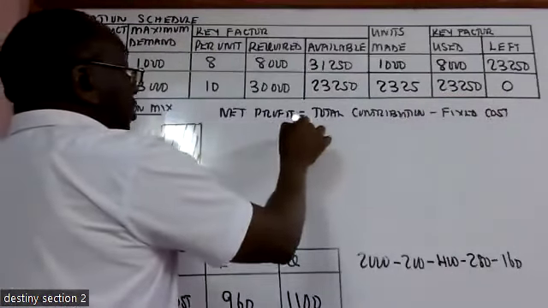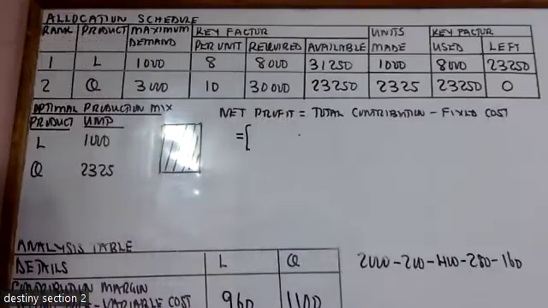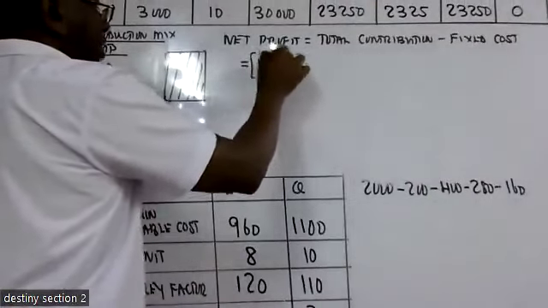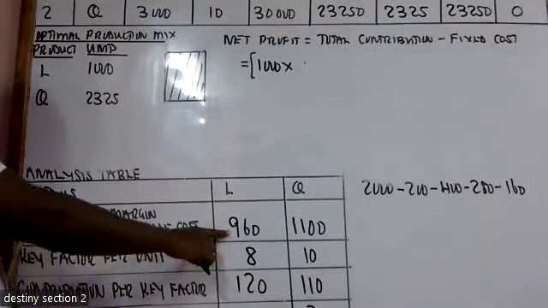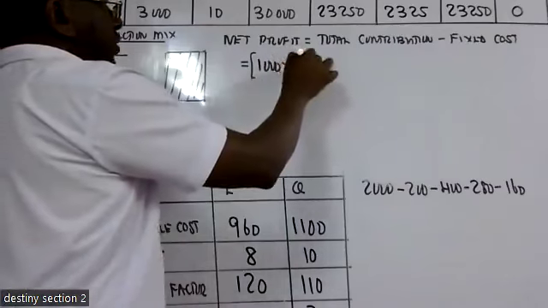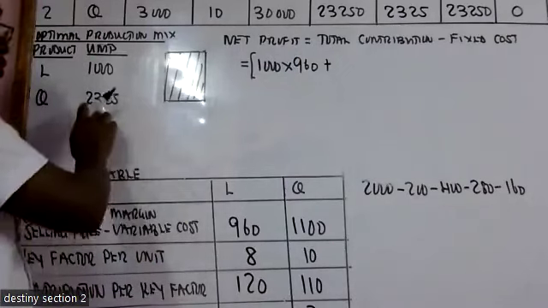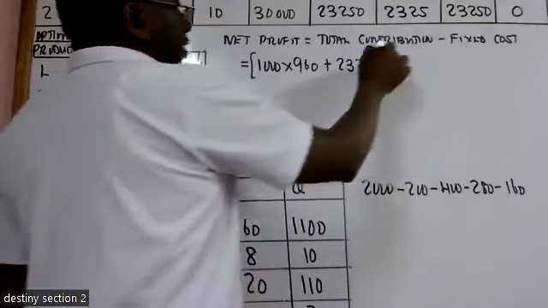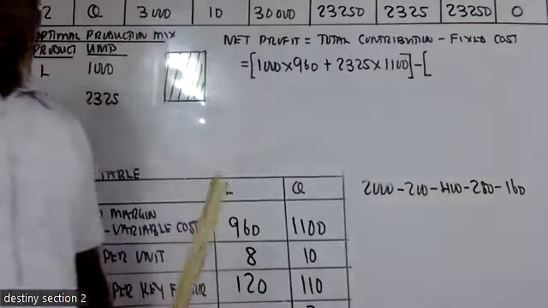So the total contribution will be arrived at this way. For product L, we are making 1,000 units. And you remember from our workings, each had a contribution of 960, plus Q, we are making 2325, each with a contribution of 1,100. That is the total contribution.